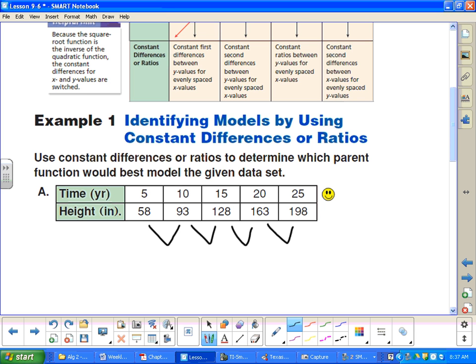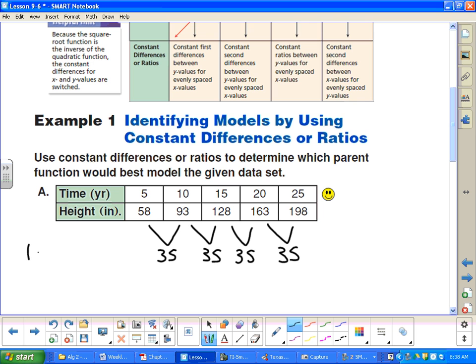So 198 minus 163 is 35. 163 minus 128 is 35, right? 128 minus 93 is 35. Okay, so all of these are 35.